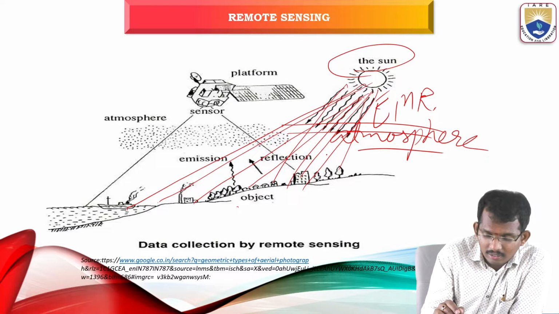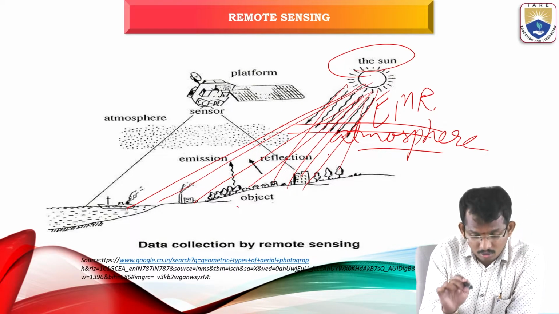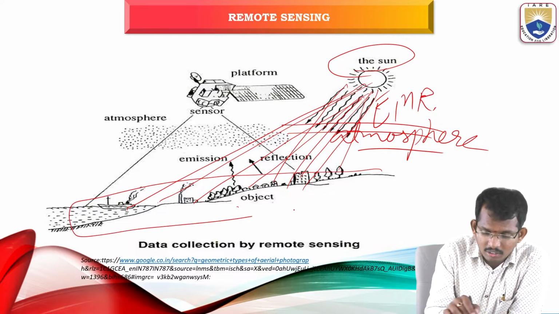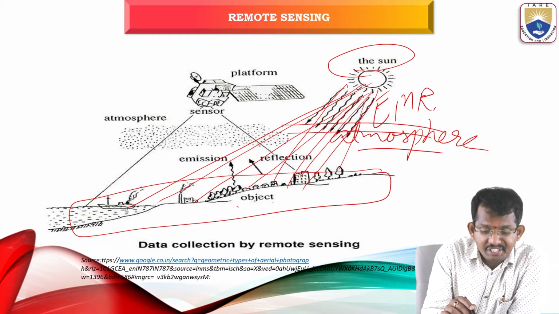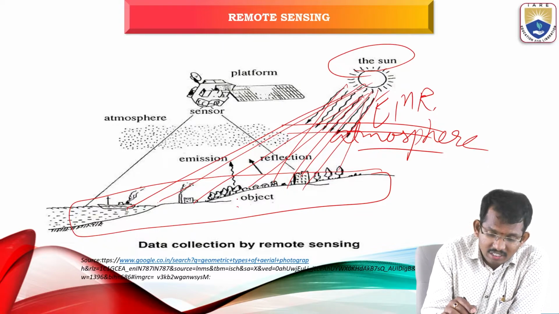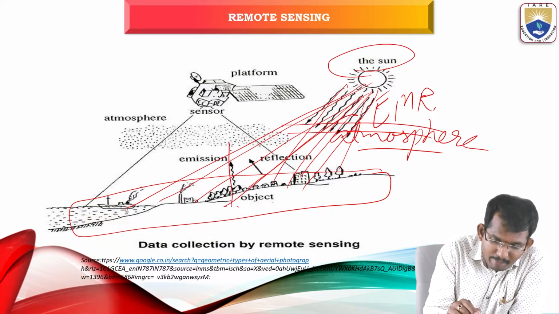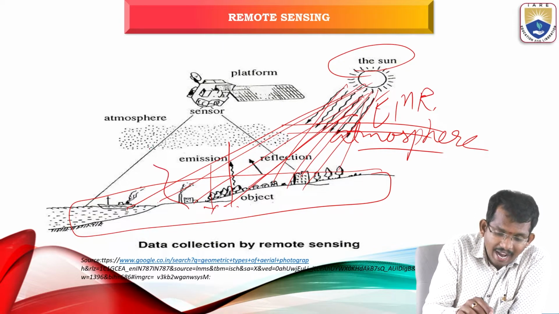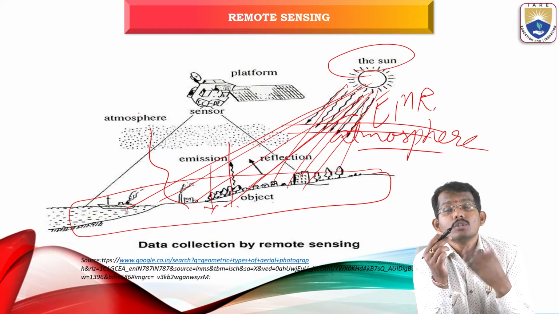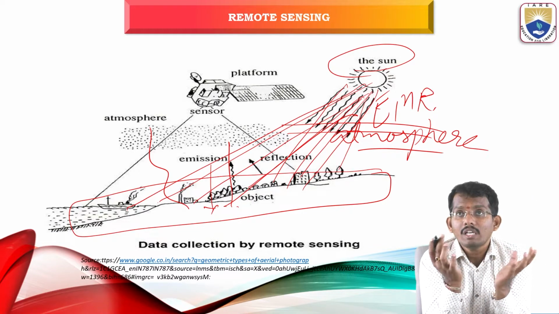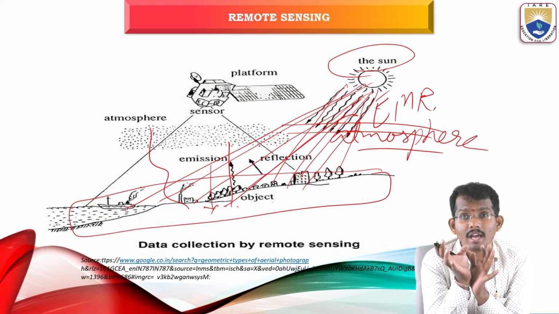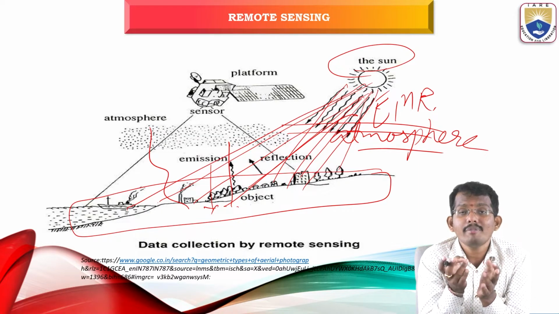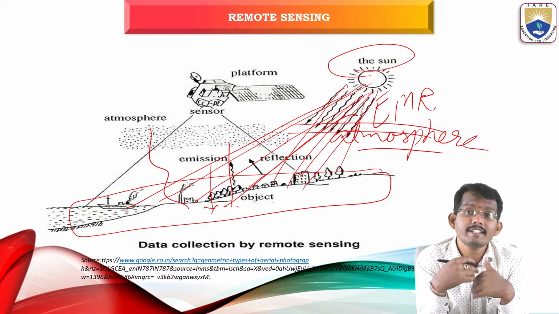So after the radiation touches the target, these all are targets on the earth, and after touching the target, some amount of energy is reflected back, emitted back, absorbed or scattered. Okay, so there are 4 stages. So whatever radiation is emitted from the sunlight, that radiation is absorbed, emitted, scattered and reflected back.